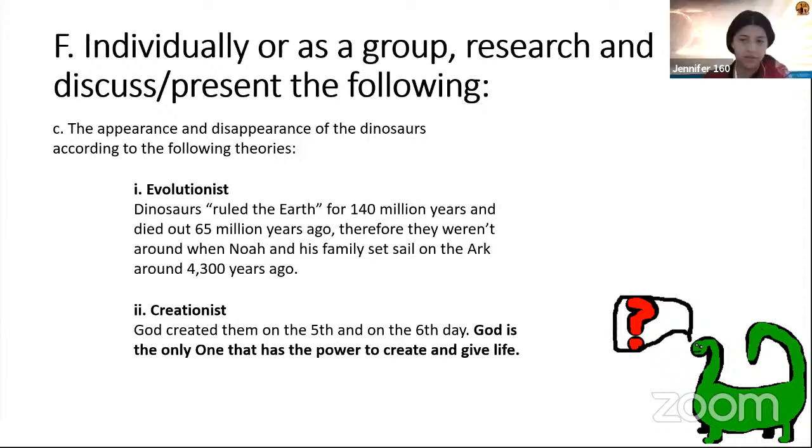And on the sixth day, God created which animal, as an example, or like flying or aquatic on the fifth? Well, God created land dinosaurs on the sixth day. And God is the only one that has the power to create and give life.